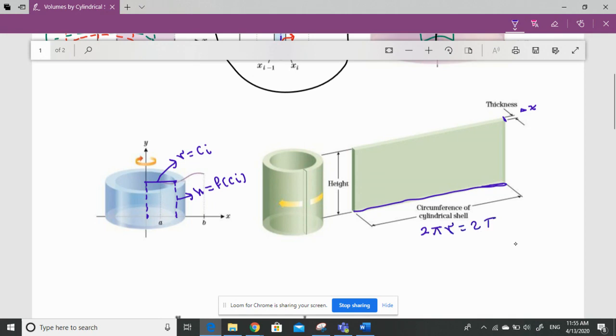That means 2 pi ci. Also, I have a height, which is h, it's f of ci.